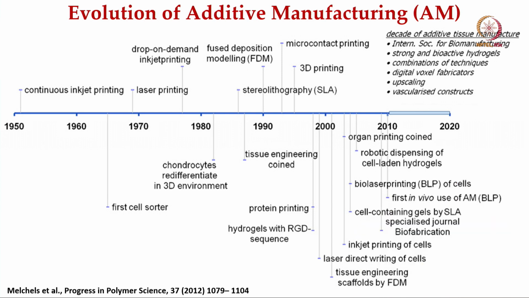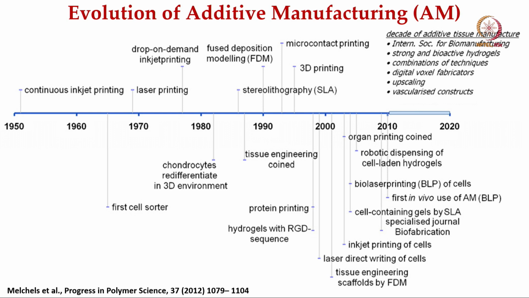Let us revisit history a little bit, which is mostly related to 3D printing. Soon after 1950, continuous inkjet printing was invented, and in the context of biofabrication, or additive manufacturing for biological constructs, this slide provides the overall evolution of additive manufacturing over the last 7 decades or so.